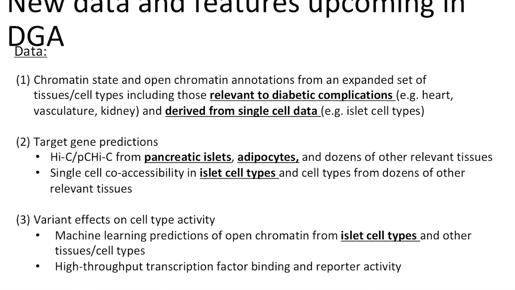Right now we have diabetes-specific tissues, but we are also working on adding diabetes-relevant complication tissues. And because, as mentioned in the very first slide, it is important to have cell-specific assays, we will be including these on our site as well. In addition, we are going to have target gene predictions and variant effects, and all of this data would also be integrated into the T2D Knowledge Portal.